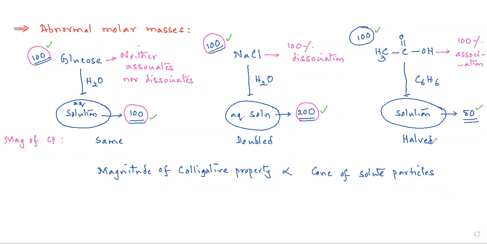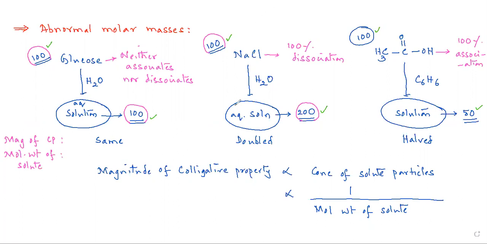Right. Now, what happens if the number of particles changes? We also know that the magnitude of colligative property is inversely proportional to the molecular weight of solute. Now, when the magnitude of colligative property changes, the molecular weight of the solute also changes.